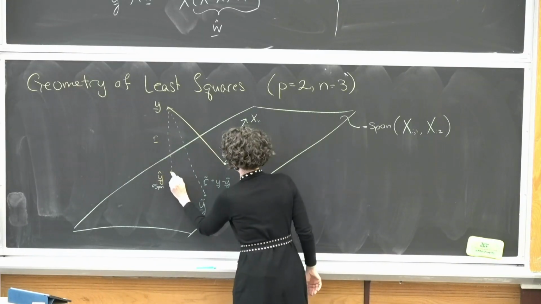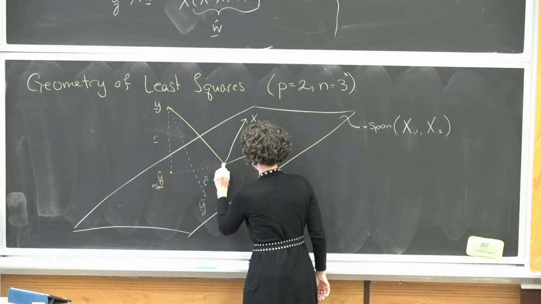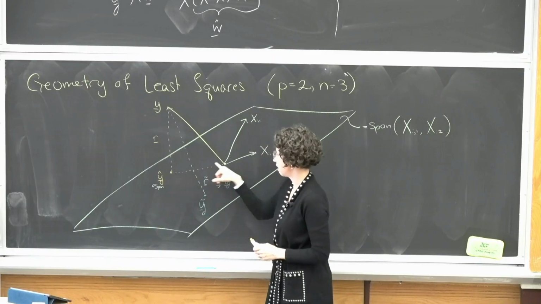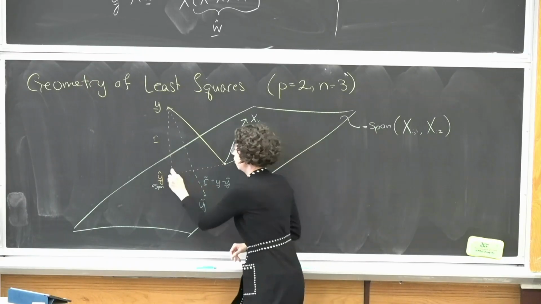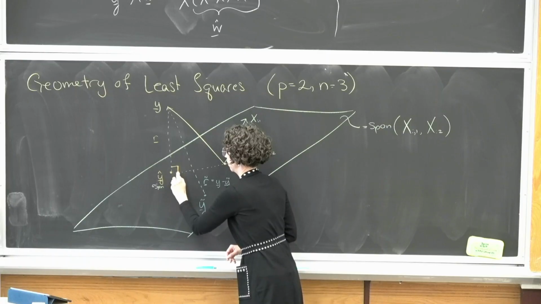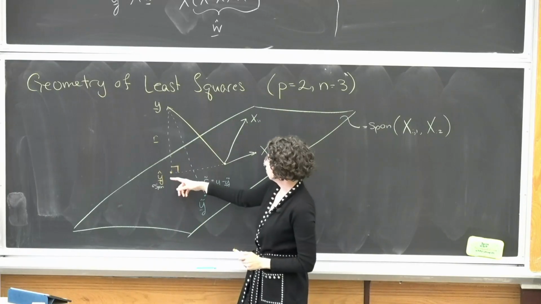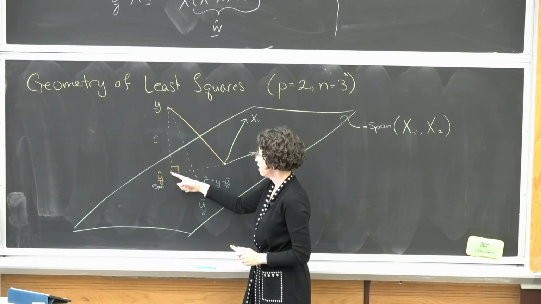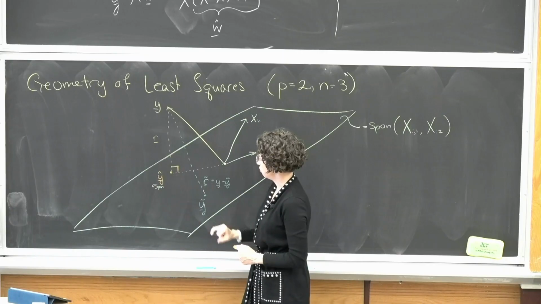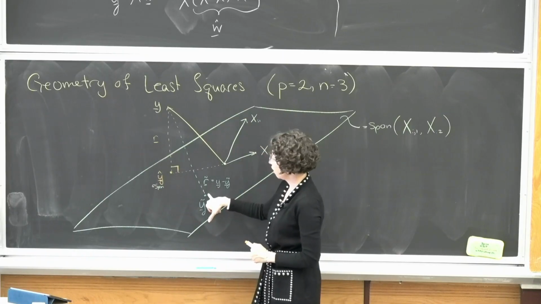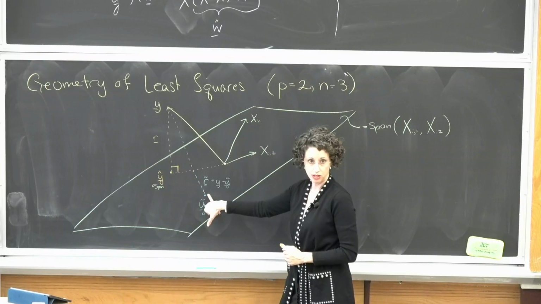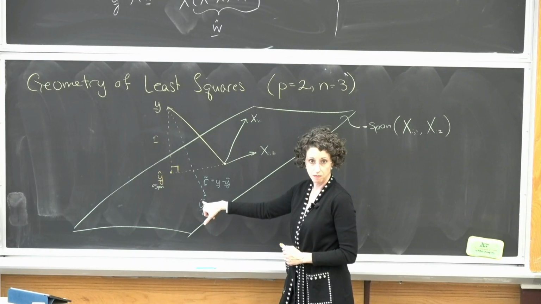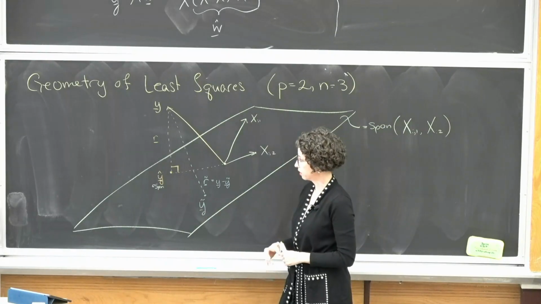So in particular, if I were to form a triangle here, thinking about this y hat as being a vector emanating from the origin, I'm going to have a right triangle here. Because in order for y to be as close as possible to y hat, I have to be orthogonal to this span. And any other vector that I might consider corresponding to any other set of weights is not going to form a right angle because it's farther away, right?